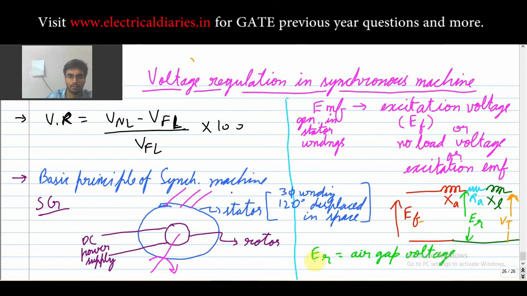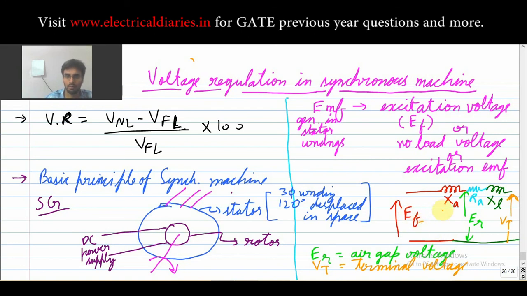Your VT is the terminal voltage, and your EF is the excitation EMF or excitation voltage. So that is the whole idea.